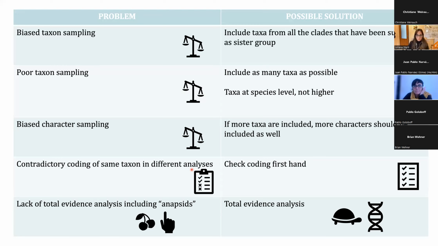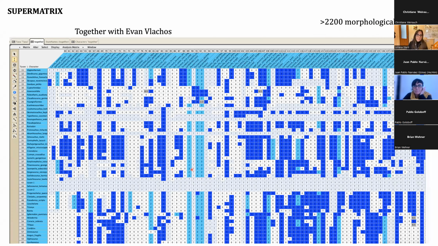So this is what we are trying to do right now. Together with Evan Blajos, we are working on a supermatrix, trying to gather as much information as we can.